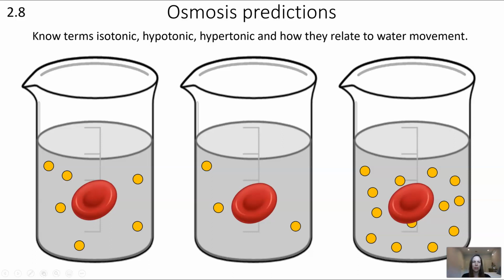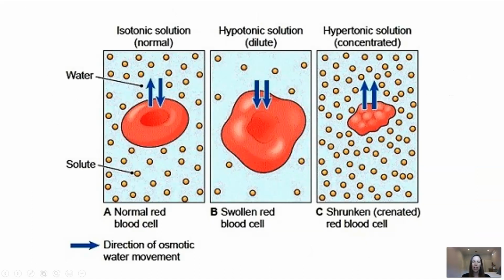So which way in each of these cases is the water going to flow? Well, if we have an isotonic solution, there's going to be no net water movement because the same amount of water is going to come into the cell as leave the cell. If we have a hypotonic solution, that's very dilute, a low concentration, there are going to be more free water molecules on the outside of the cell, which means the water is going to flow in and the cell will swell.